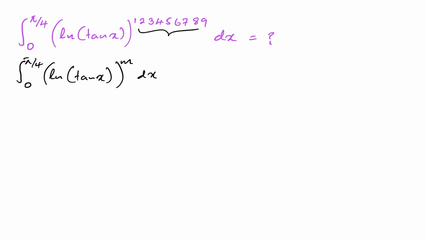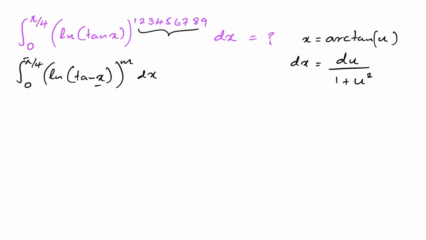Here we have tan of x, so I'm going to take a substitution: x is equal to arctan of u. Then we can differentiate: dx is equal to du over 1 plus u squared.